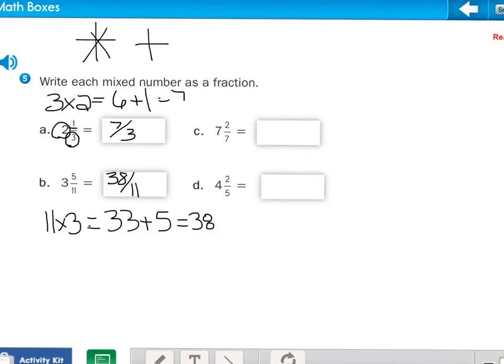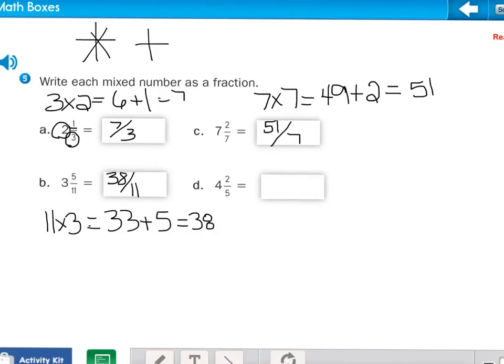C, again going back up to the top, we're multiplying and then adding, so we're doing the denominator times the whole number, which is 49, and then we're adding the numerator, so 49 plus 2 is 51. 51 over, denominator stays the same, so 51/7.